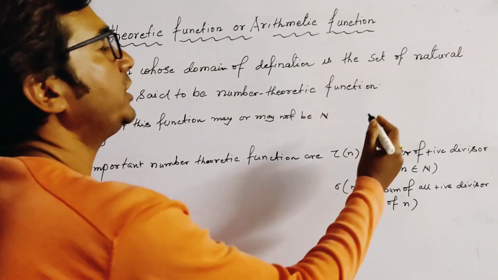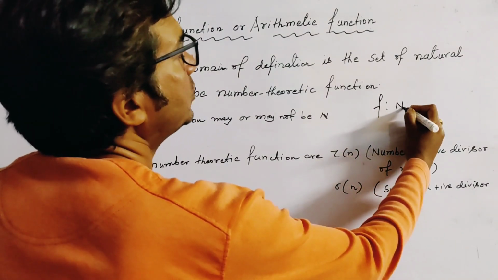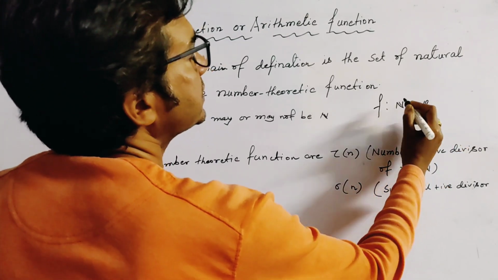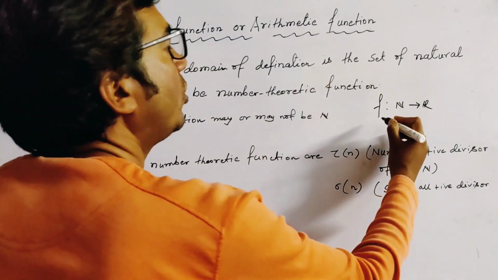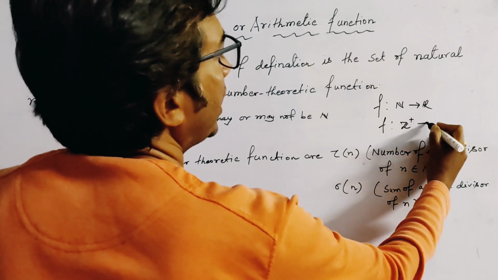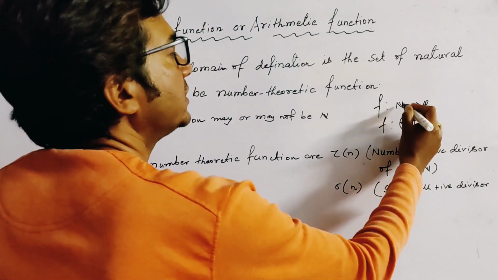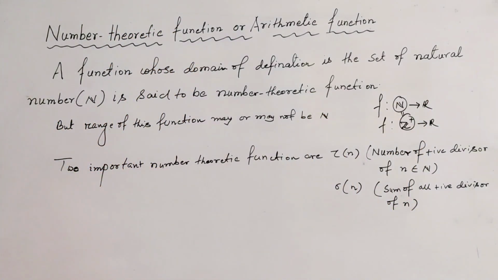That is, if we define a mapping F maps N to R, this is the set of natural numbers and this is the set of real numbers, or F maps Z plus to R. Clear? Z plus and N both are the same, the natural numbers or the set of positive integers.